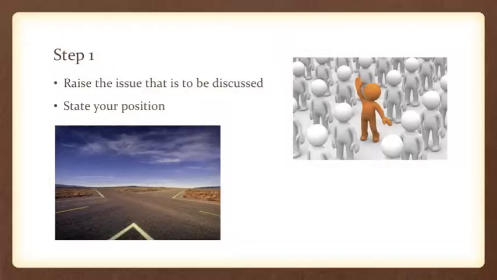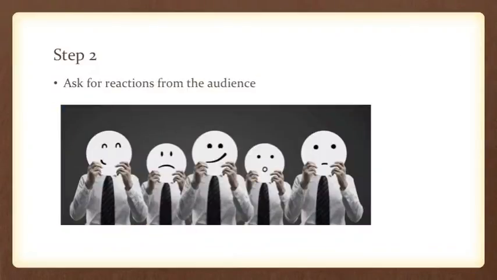Then step two, ask for reactions from the audience. So give them some time to express their sides of view. And then step 3 is to respond to the participants' comments as the facilitators would.